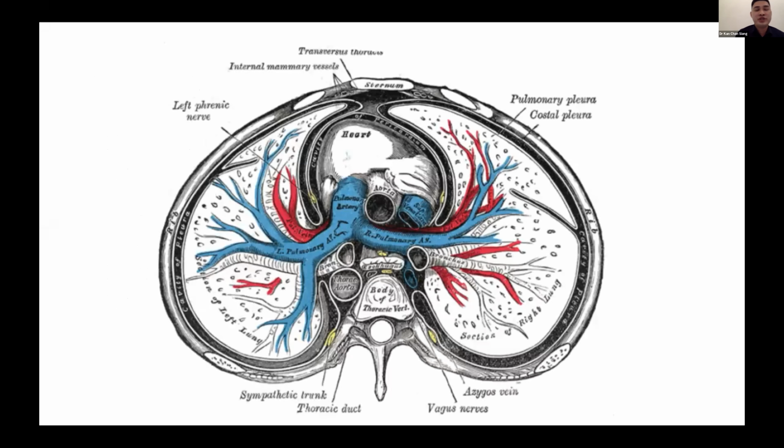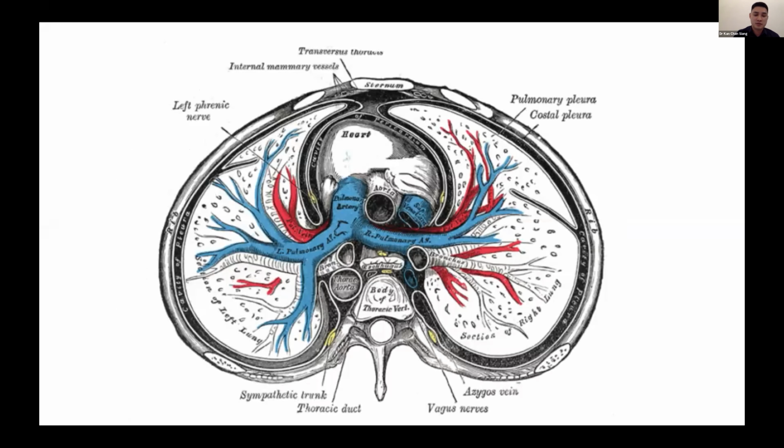Now this diagram shows a cross-sectional view of the thoracic cavity cut at the level of the pulmonary artery. As you can see, the pleura is a serous membrane that wraps around the lungs and the adjoining structures.